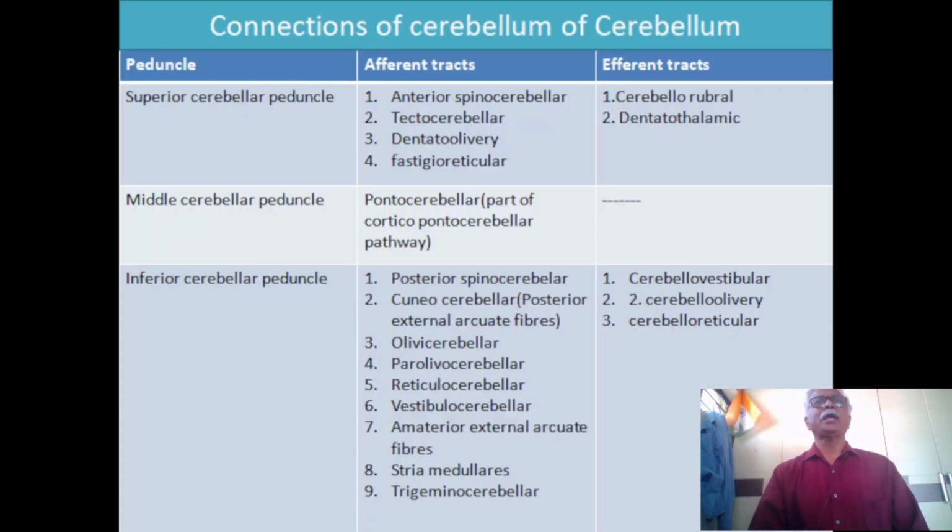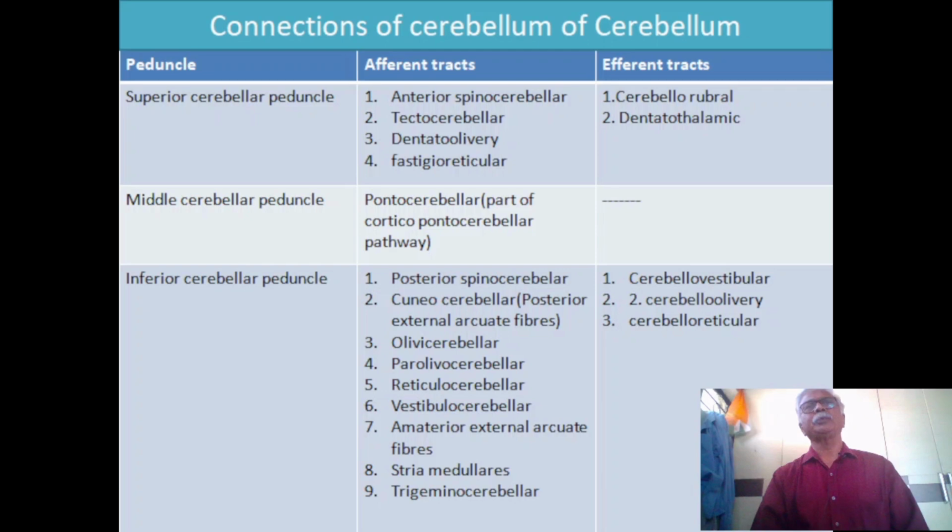The cerebellum has the superior cerebellar peduncle that mostly connects it to the tectum and the forebrain, the middle cerebellar peduncle, which is the connection between the pons and the cerebellum, and the inferior cerebellar peduncle, which mostly connects the spinal cord with the cerebellum. The afferent and efferent tracts are given in the table.